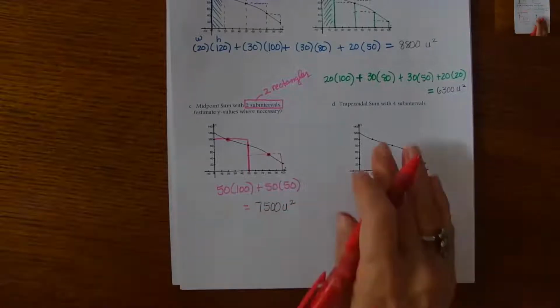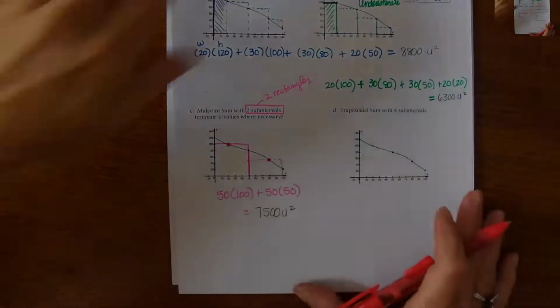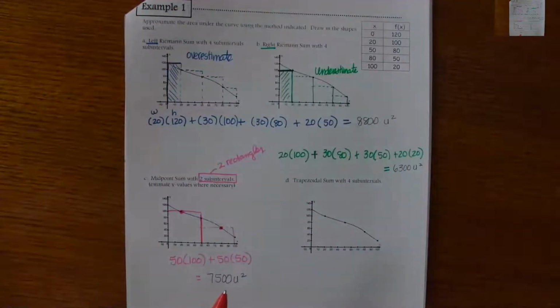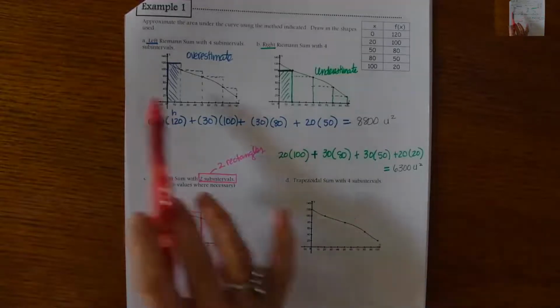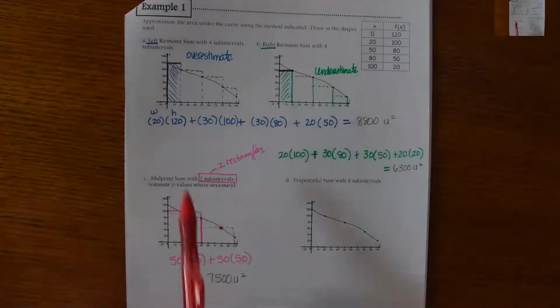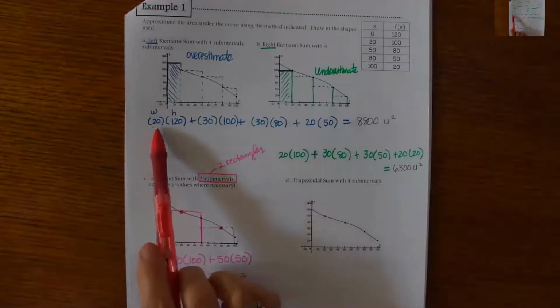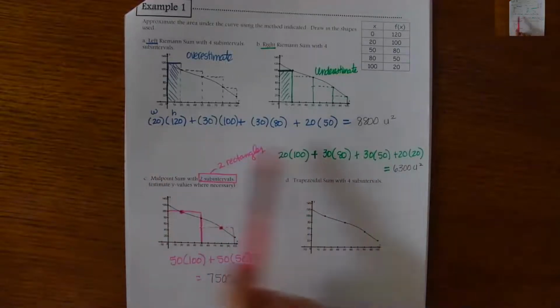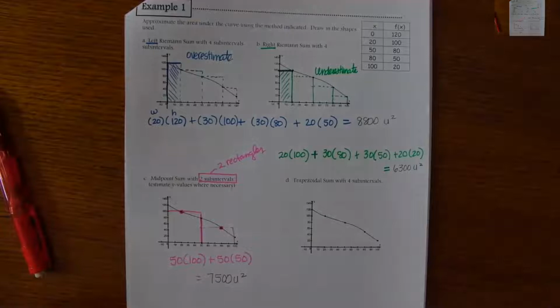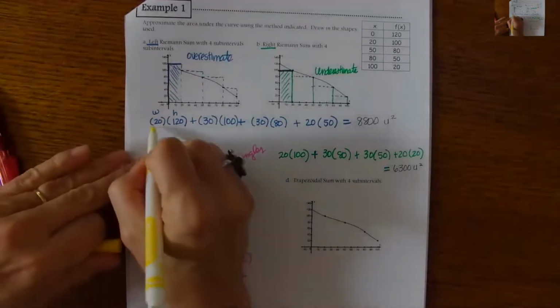Okay. Now, before we go on to trapezoid, I want you to look back and look for a pattern. Like I said, you're not going to want to draw these out for all your data. So tell me the difference in between my left and my right, my blue and my green. What do you notice is different about the numbers? Did the X's stay the same?